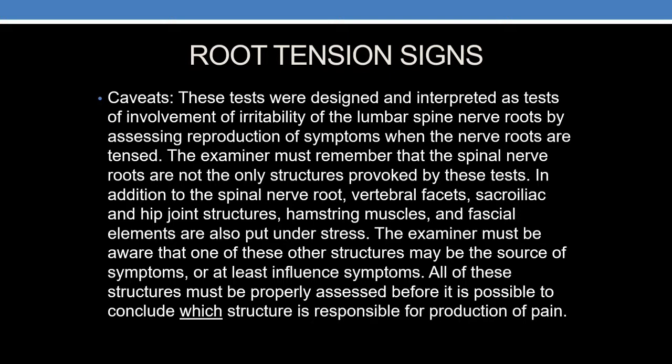So you need to be aware that one of these other structures may be the source of symptoms or may contribute to the overall constellation of symptoms. So you need to properly assess all of these structures before you can conclude which structure it is that's responsible for their report of pain.